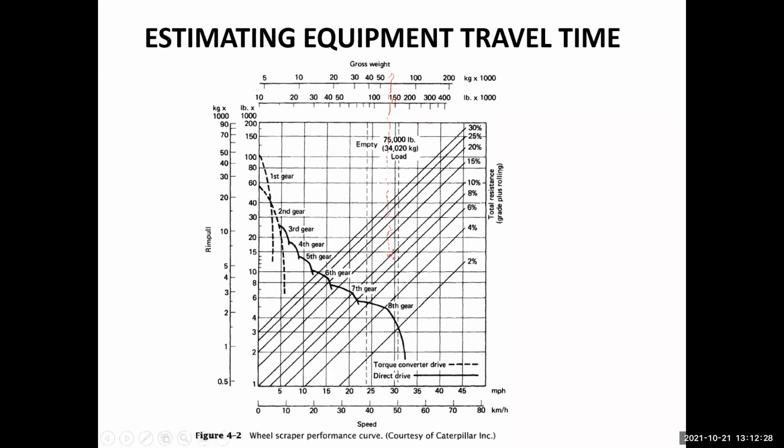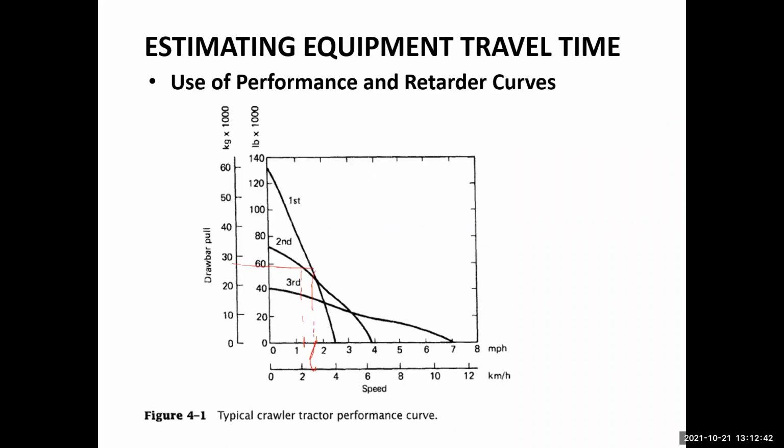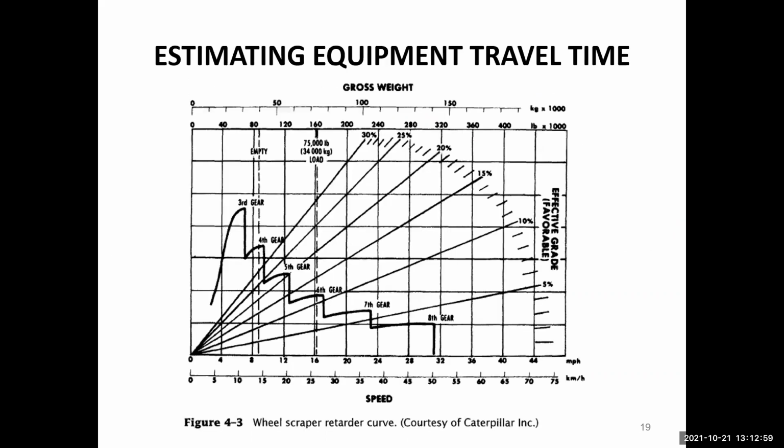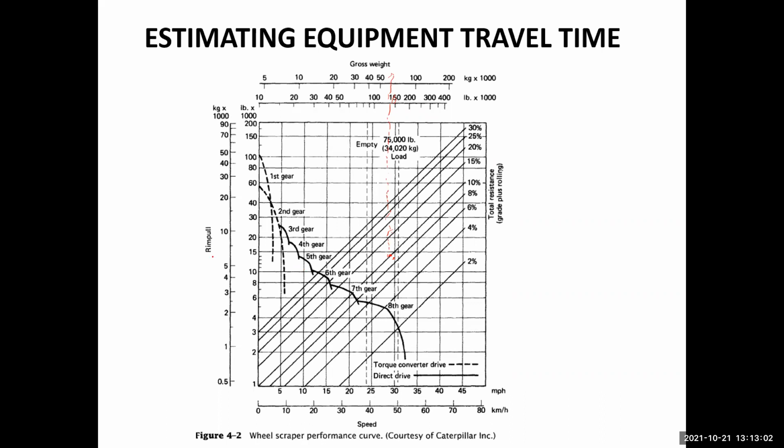We can use it better with the help of a ruler. Here it is very difficult for me to draw this vertical line. But anyway, I have hit the line for 10% over here, and then we intersect the line and move horizontally to find a required pull of about 6,800 kilograms.